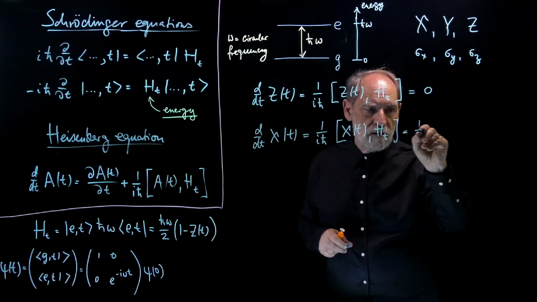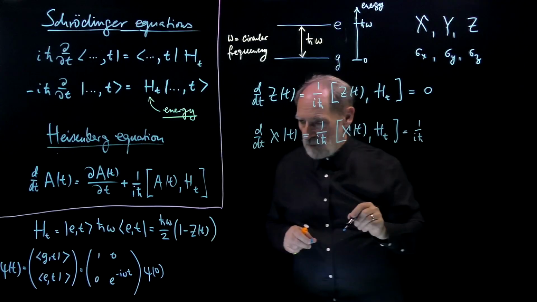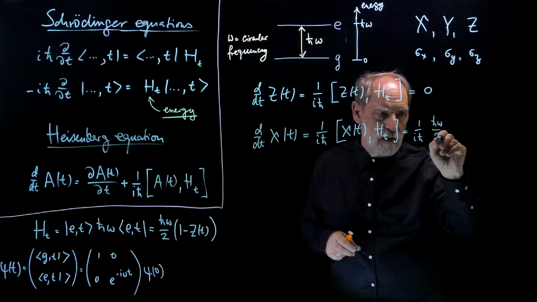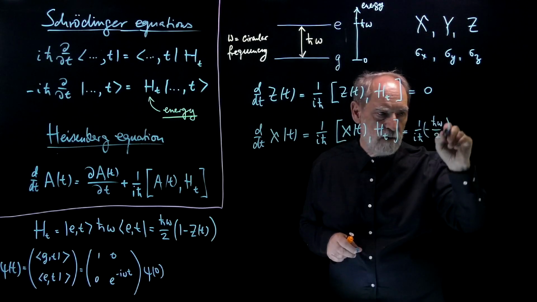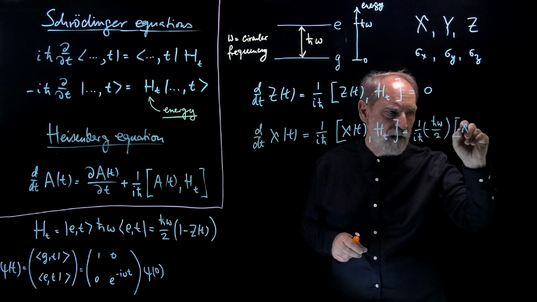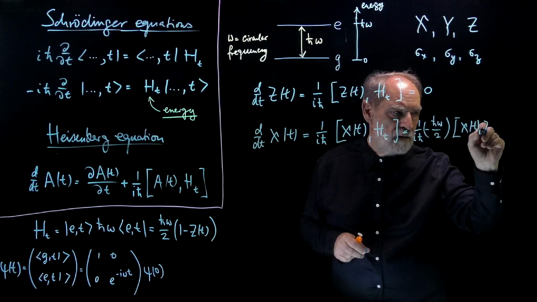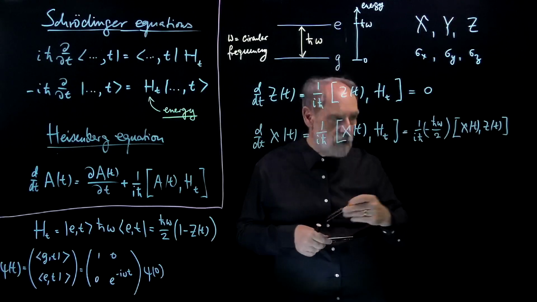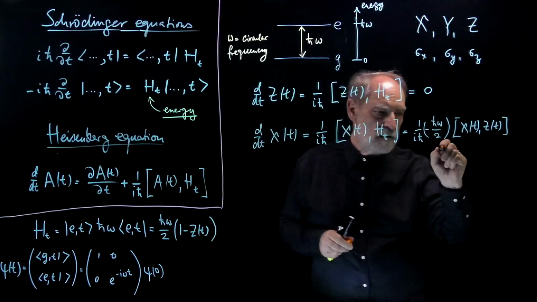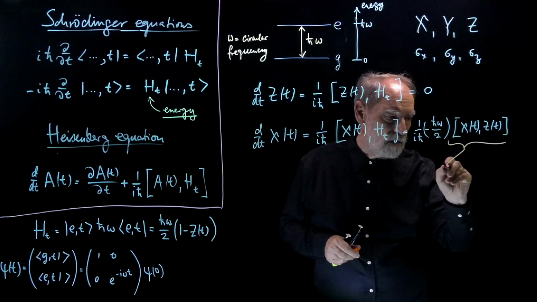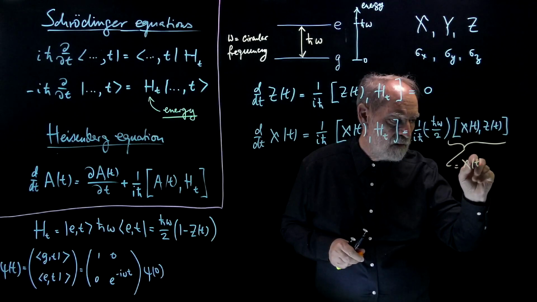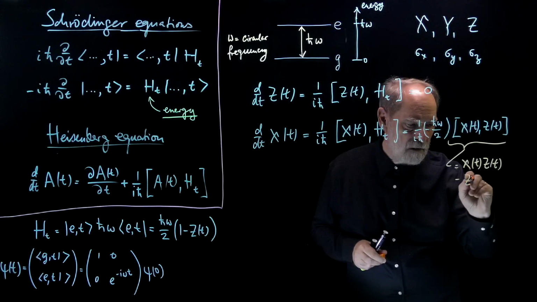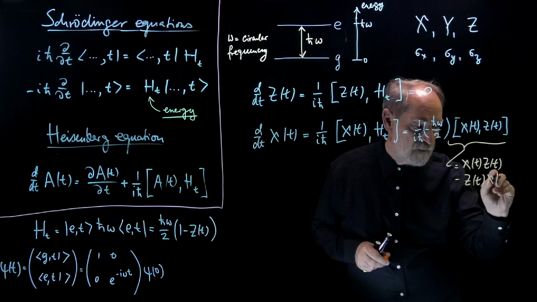So let's just be systematic about this. It's h bar omega half, and then with a minus sign, and then the commutator of x at time t and z at time t. What's the commutator? The commutator is the product in one order minus the product in the other order.